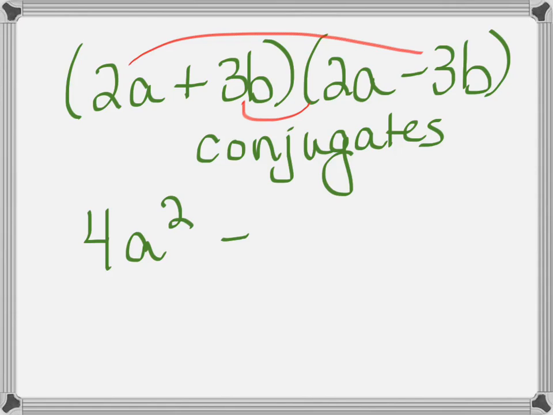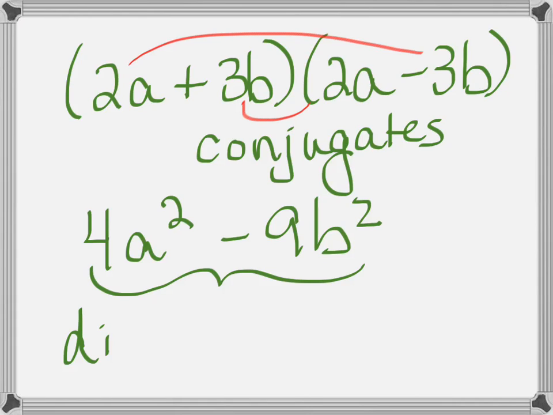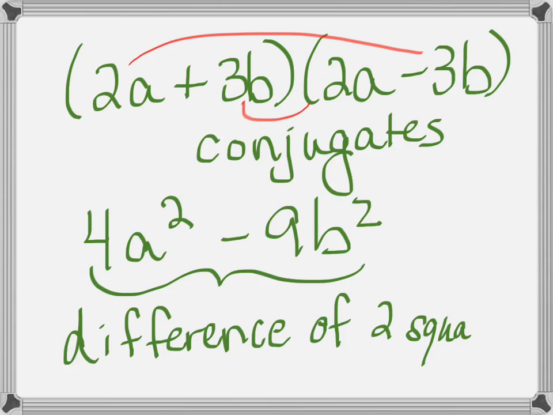So we're left with negative 3b times 3b, which is negative 9b squared. Again, this is called the difference of two squares, because 4a squared minus 9b squared is a difference between two perfect squares.